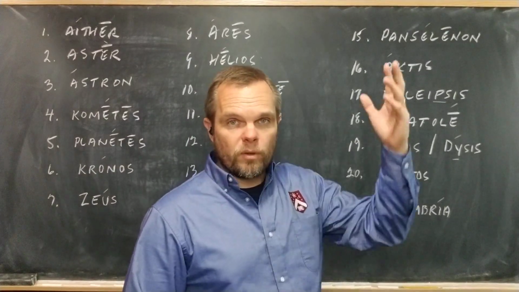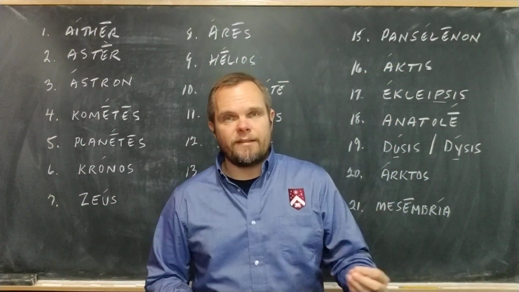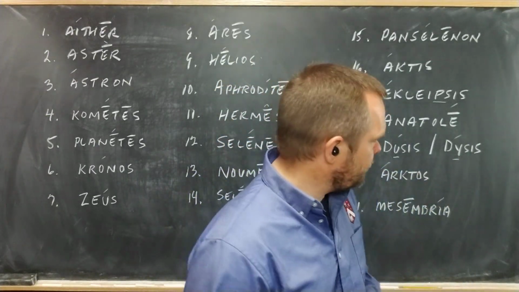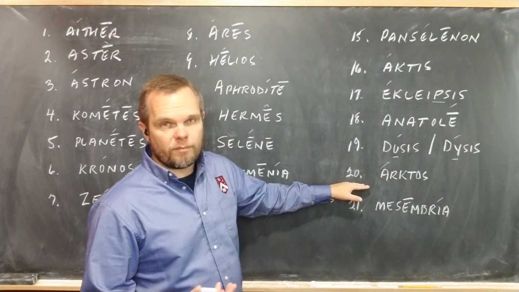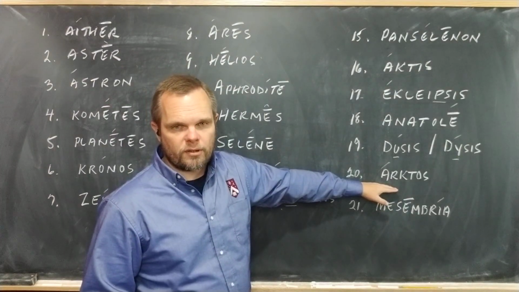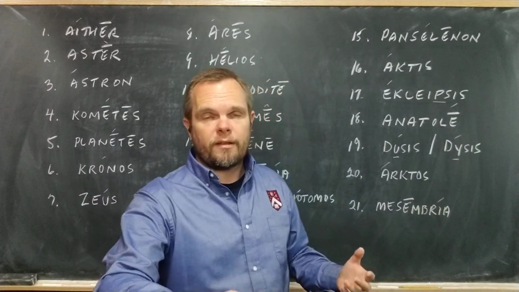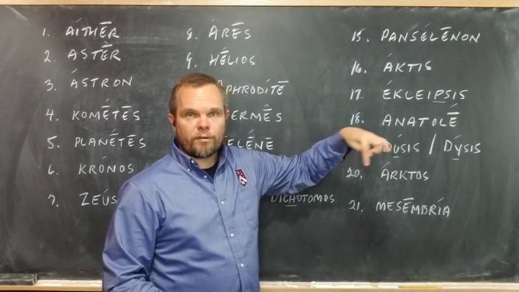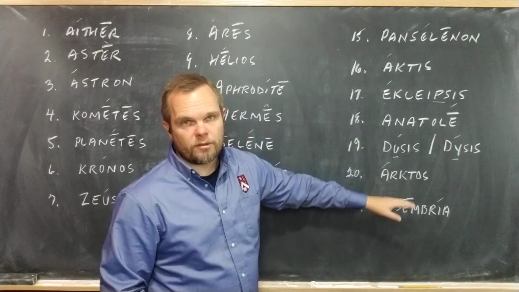Number 21, the north. The north in Latin is septentrio, and in the Greek, which you should be familiar with, is arctos. If you look at the Arctic Circle, it's the circle around the North Pole, the Arctic Circle, arctos, the north.